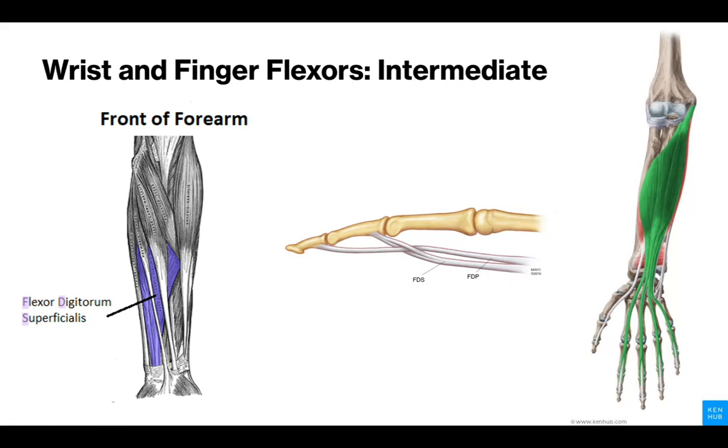Because it is crossing over the wrist, you can see here. But because it's inserting at that middle region of the phalanges, it's also going to flex the fingers. Okay, so it's going to flex at that middle joint on your phalanx. All right, and FDS is also innervated by the median nerve.